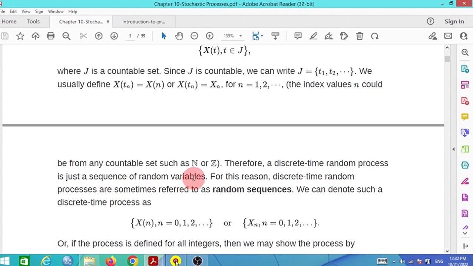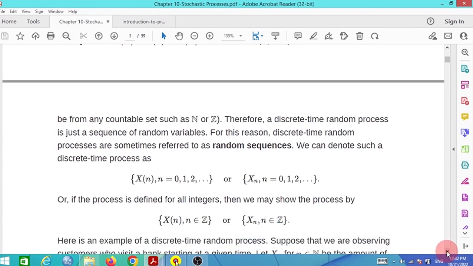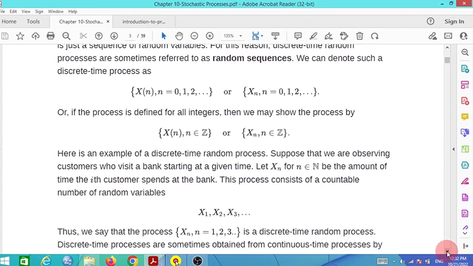Okay, for this reason, discrete time random processes are sometimes called a random sequence. We can denote such a discrete random process by this notation or this notation if the index set is countable, or x of n equal to z, or x n equal to z.